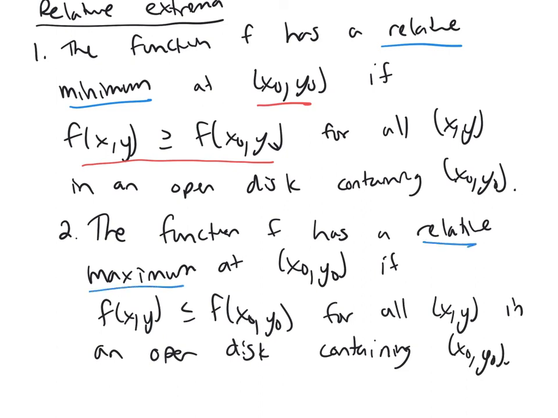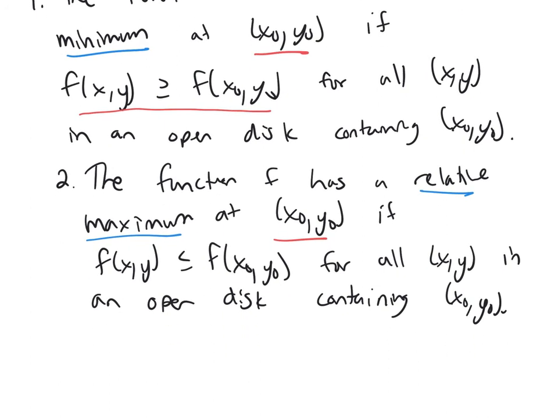So again, it says that your point x naught, y naught is a relative maximum if nearby your function outputs values that are not any bigger than what I get when I plug in x naught, y naught.